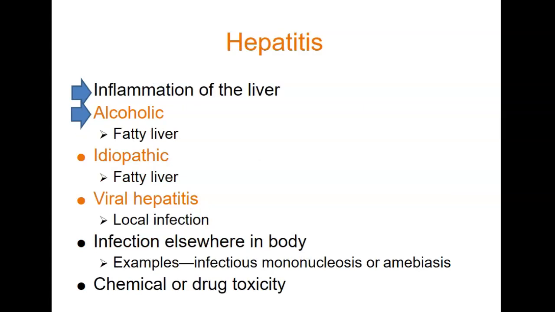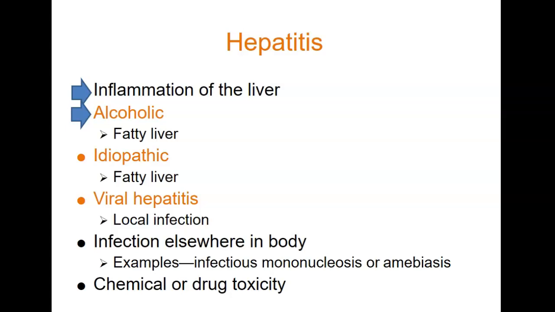So kind of switching from jaundice, but still talking about the liver, the next disorder we're going to talk about is hepatitis. There's 5 kinds of hepatitis. Hepatitis is essentially inflammation of the liver. It can be caused by alcoholism. It can be caused for unknown reasons that maybe are genetic or maybe just kind of spring up for things that we just can't figure out medically.